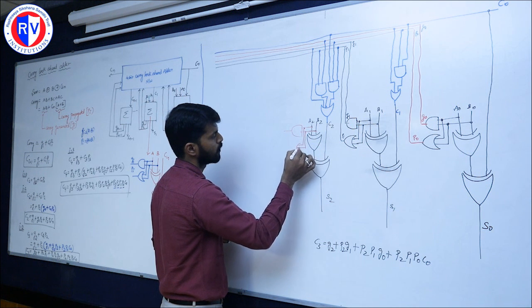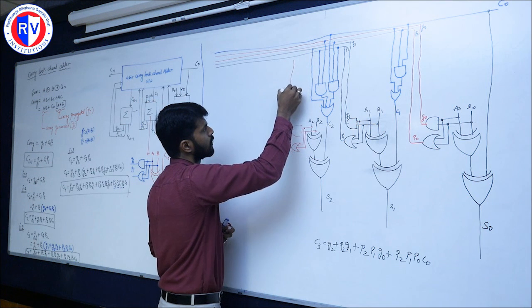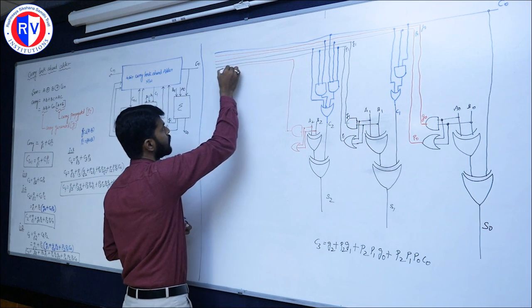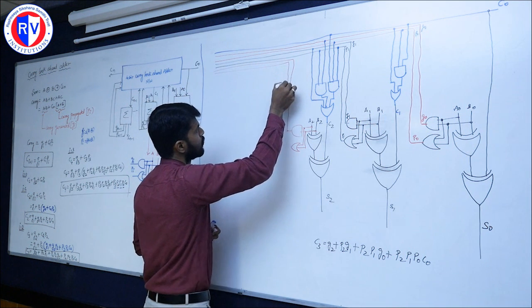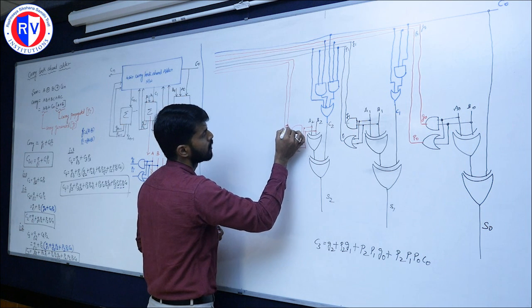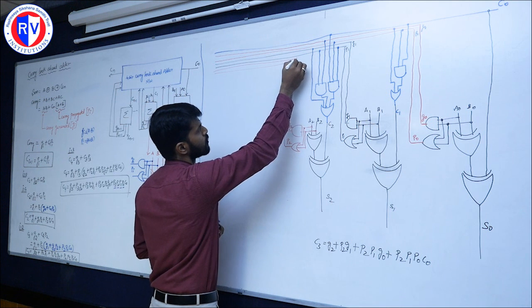We shouldn't forget this. I will take this and I will connect and extend till the end. Similarly, I need one more for the propagation. So this is G2, this is the P2.